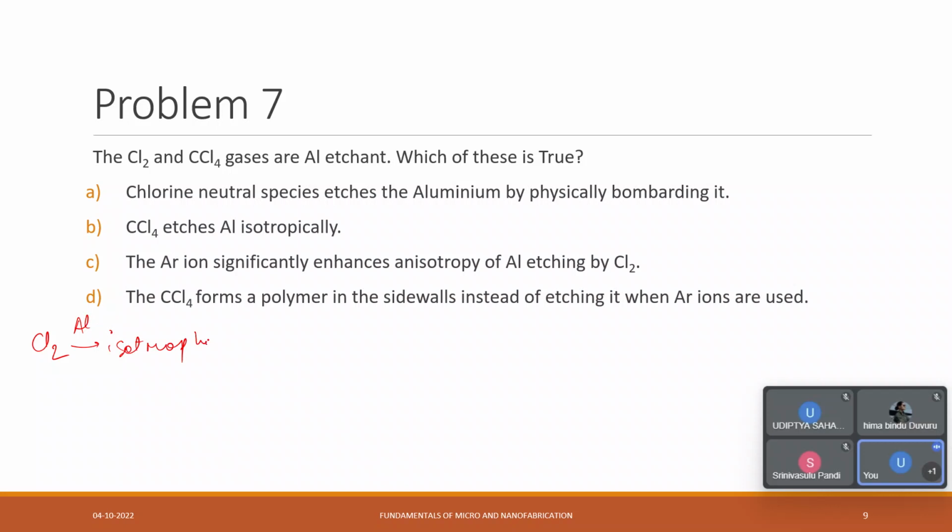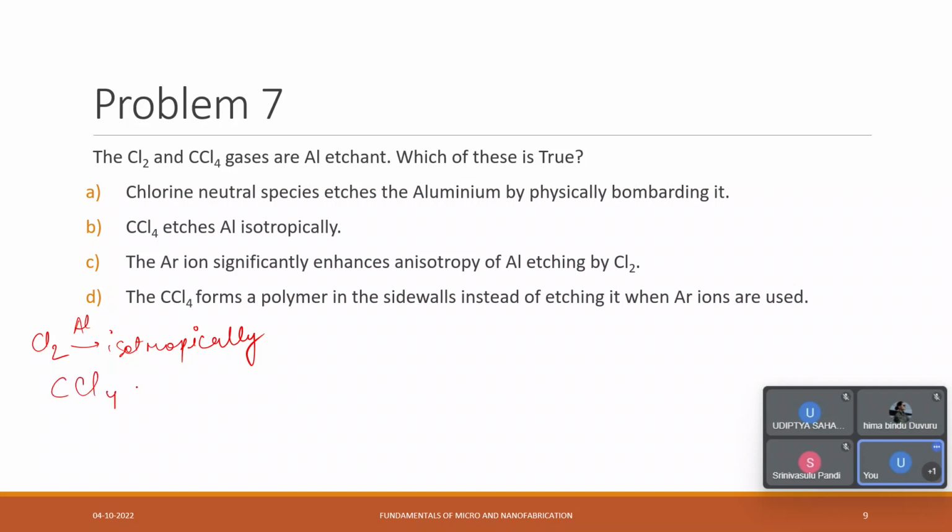By isotropically, it means it etches in all the directions equally. But the thing is, when we use argon ions also, essentially it is kind of the same profile that we get.